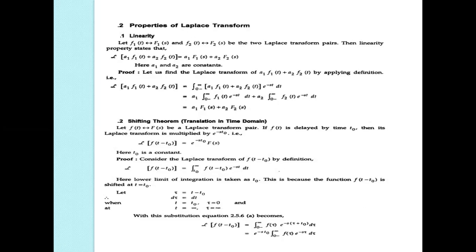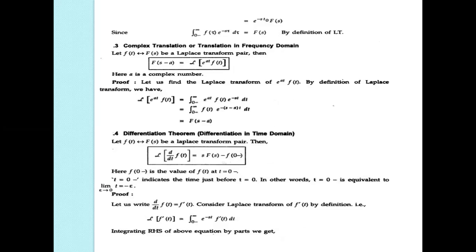The first property is the linearity property. The second property is the shifting theorem, or translation in time domain. The third property is complex translation, or translation in frequency domain. The fourth property is the differentiation theorem, or differentiation in time domain. The fifth property is the integration theorem.